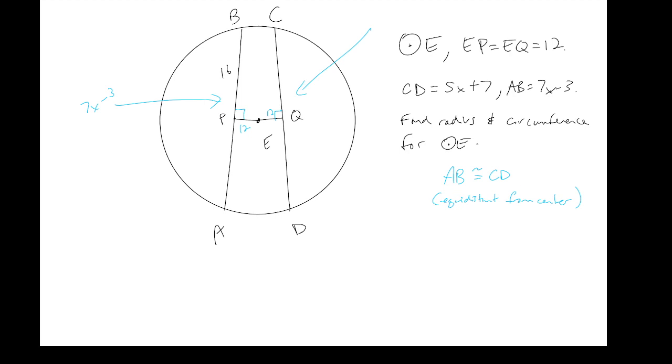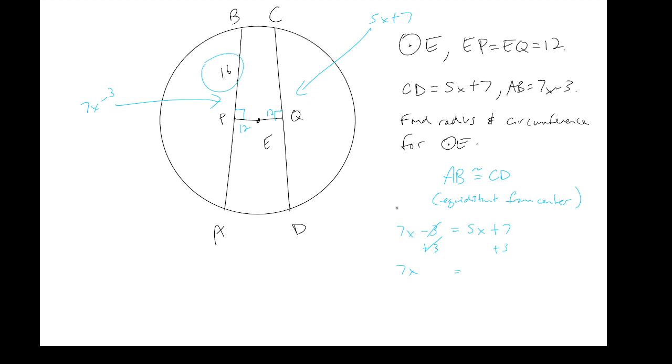And then this guy, CD, 5x plus 7. All right, well, I know that those are congruent, so I can actually start to operate here. 7x minus 3 is equal to 5x plus 7. Okay, this should be pretty straightforward. So we can solve this and get a value for x, and then we can get a value for AB and CD, okay?